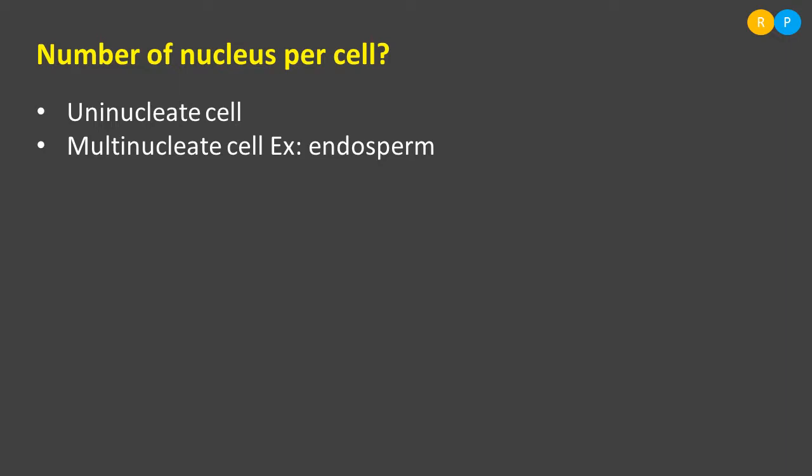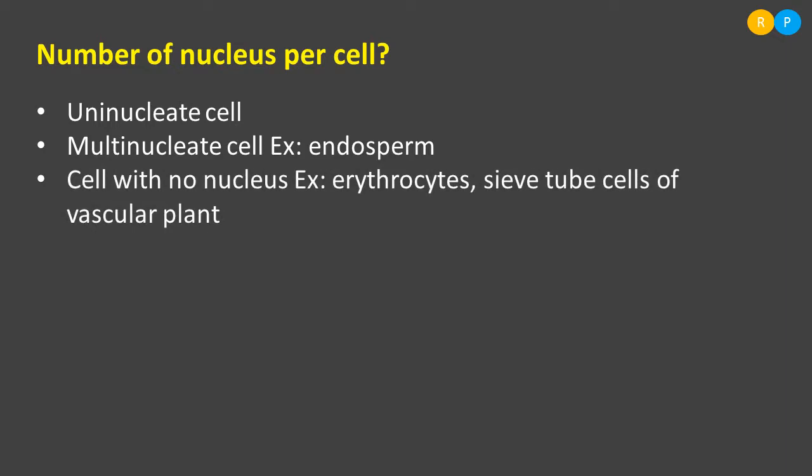And there are certain cells that do not have a nucleus. For a cell with no nucleus, the best example is erythrocytes. So erythrocytes are nothing but what? RBC cells. In our body, the RBC does not consist of a nucleus. When the cell does not consist of a nucleus, such cells are named as enucleate cells. Clear?